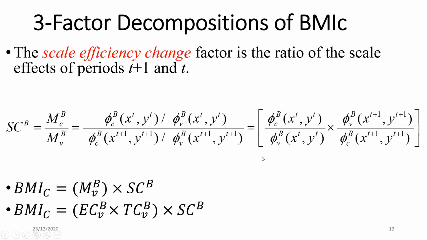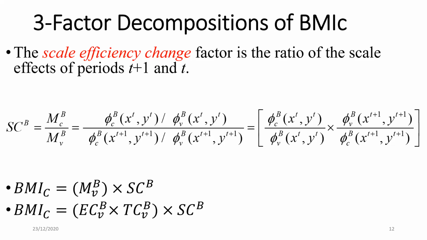That is because we are dealing with scale. Anytime you are bringing scale into the picture, you should know that we are bringing both CRS and VRS, because the gap between CRS and VRS always represents the scale.